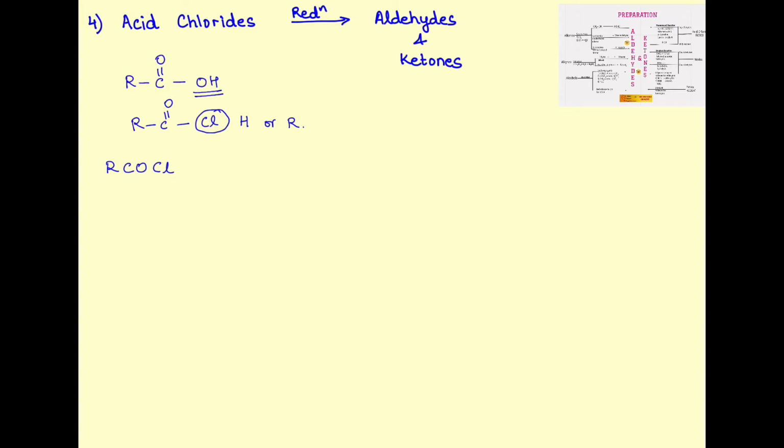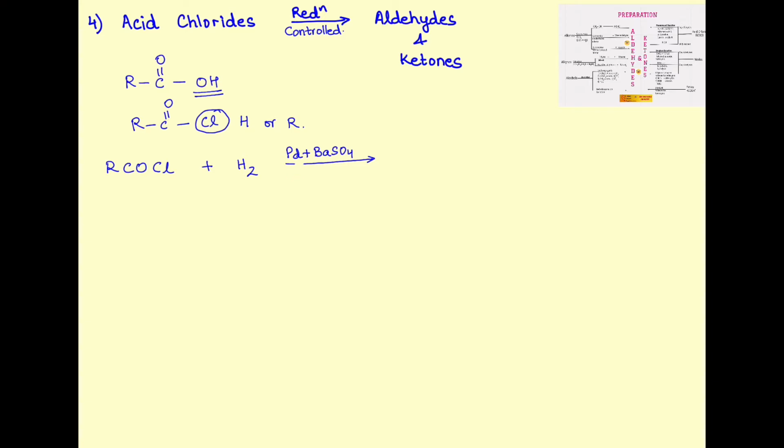Now introducing an H means I basically need to do reduction, right? But at the same time I have to be careful that I don't reduce the carbonyl group. That means I am bringing about a reduction in a controlled manner. And how do I do that? We do that with the help of palladium and barium sulfate as catalyst, but with sulfur or quinoline as the poisons here.